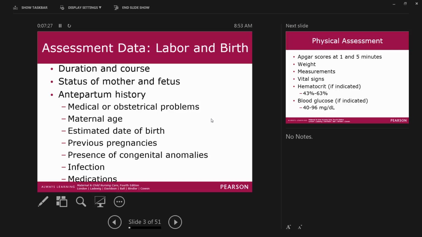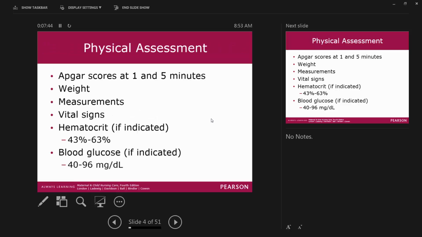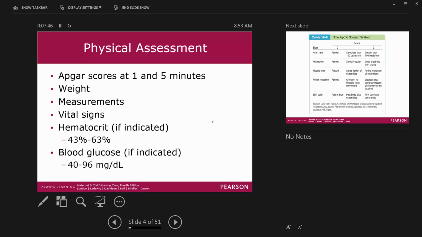Gosh, that would be so great to know before baby is born. Does mom have any infections that we need to know about? And were there any medications given during labor that may have side effects that I need to prepare for in my baby?